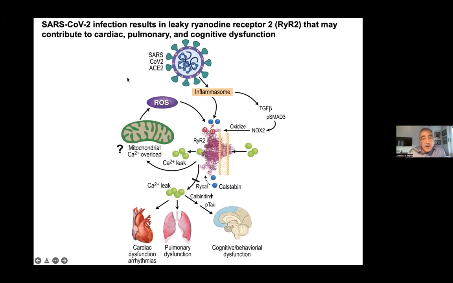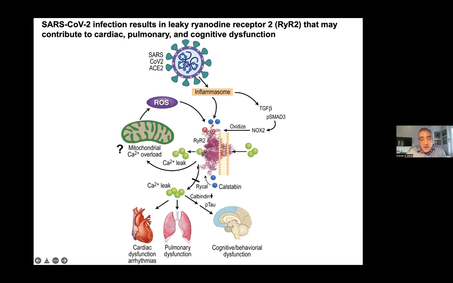So in summary, what we're proposing is that the inflammasome linked to SARS-CoV-2 infection, which has been widely reported by many labs, can result in activation of the TGF-beta phospho-SMAD pathway, oxidation of the ryanodine receptor, and also phosphorylation.